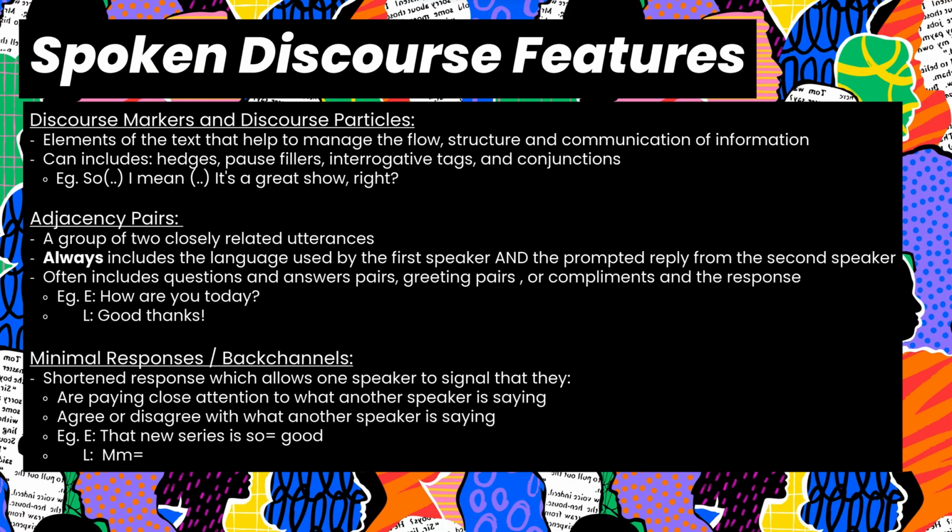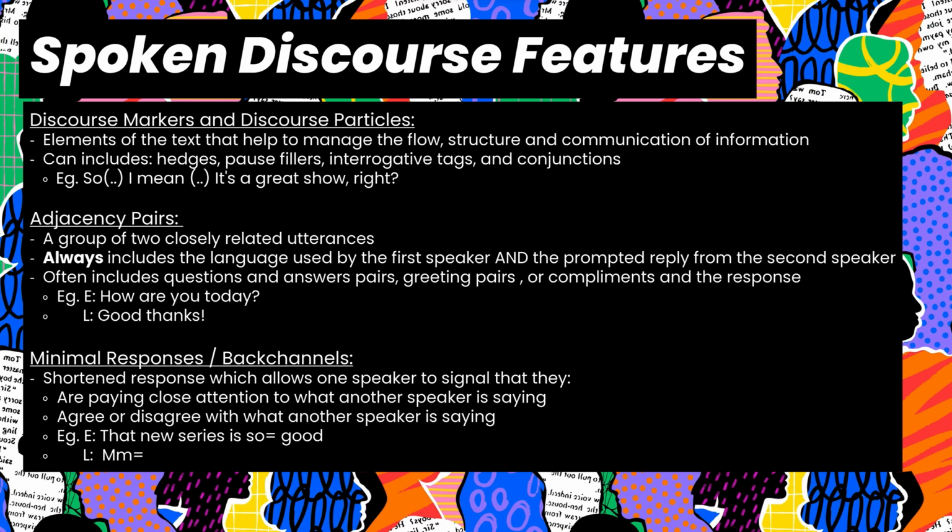Next up, we have discourse markers and discourse particles. Now, it's really important to remember that you can use either of these terms when you are analysing this spoken discourse feature. But like I said earlier in this video, if you're asked a short answer question about discourse particles, make sure that your answer uses the metalanguage of the question and talks about the role of discourse particles in the text.